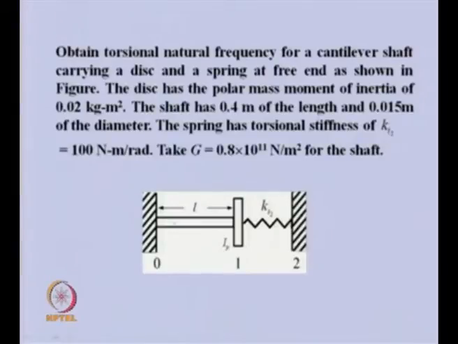For this particular case, when we want to analyze using the transfer matrix method, we need to assign stations. Let us say this is station 0, the disk location is station 1, and the fixed end of the spring is station 2. Once we have this, we want to relate the state vectors at various stations on the left and right side of the disk, and relate the overall state vector.